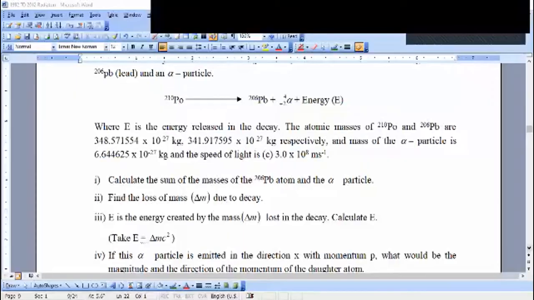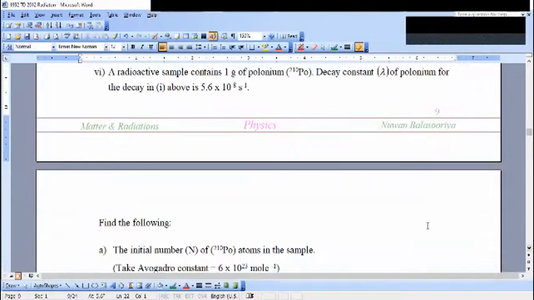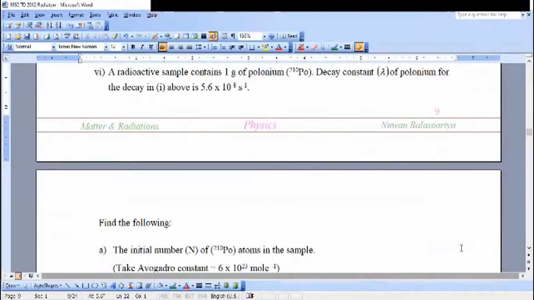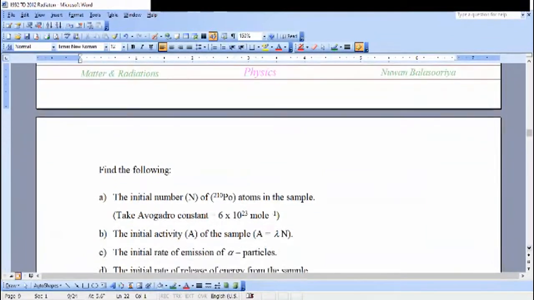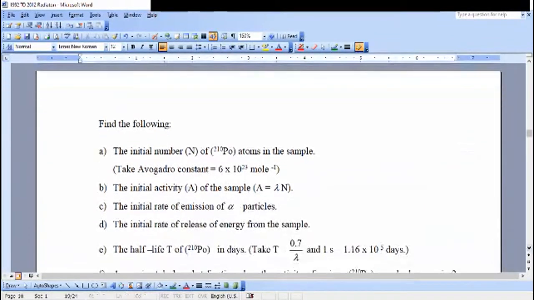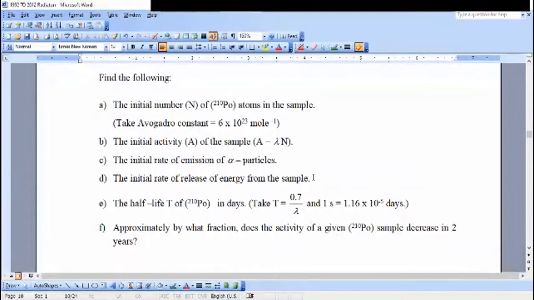We are in Roman number 6. We have answered sub-question A of Roman number 6, B, and C. Now we should answer sub-question D of Roman number 6.